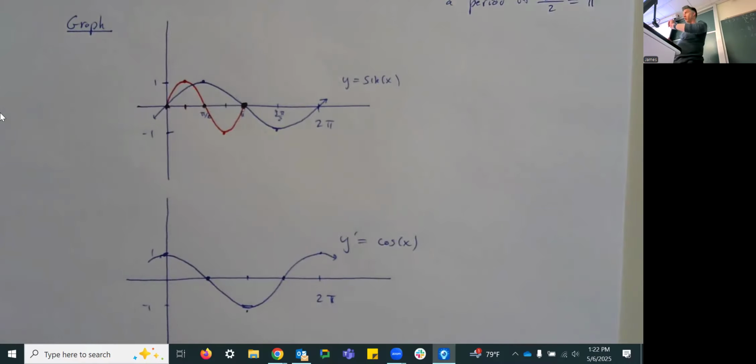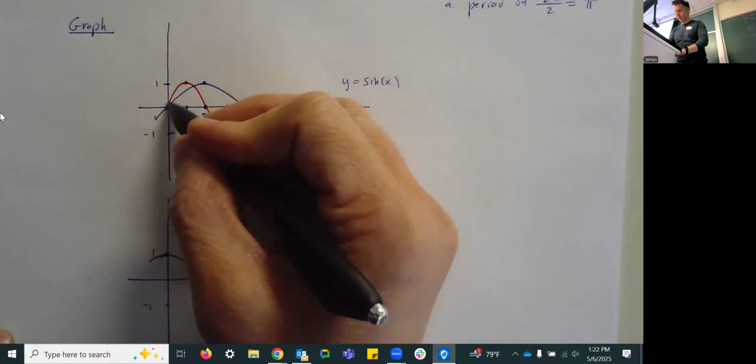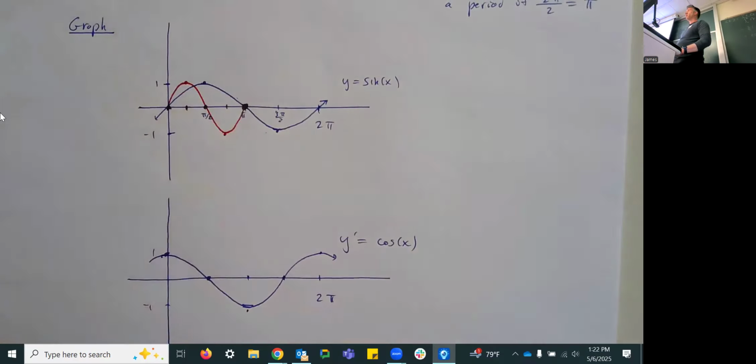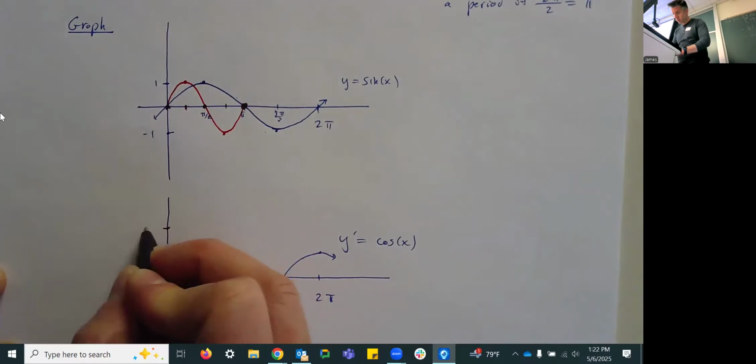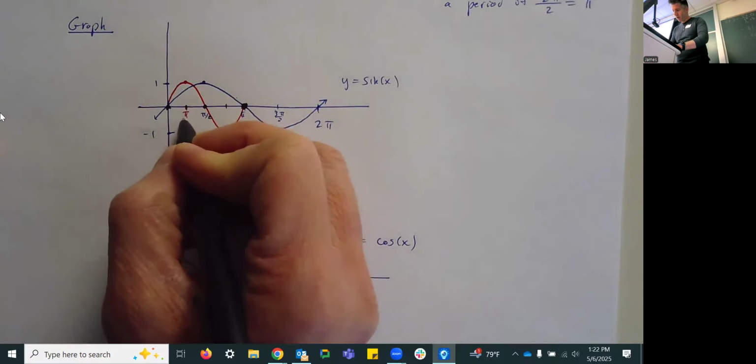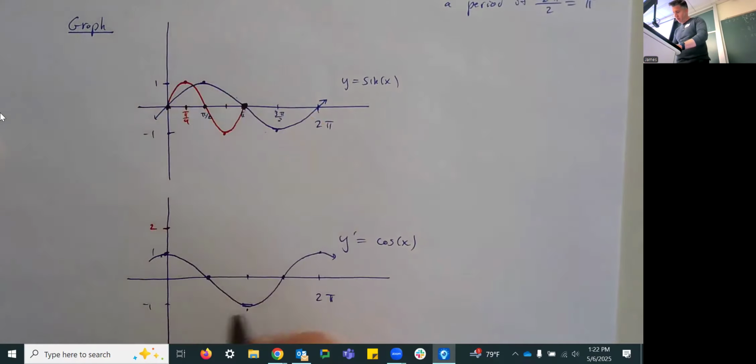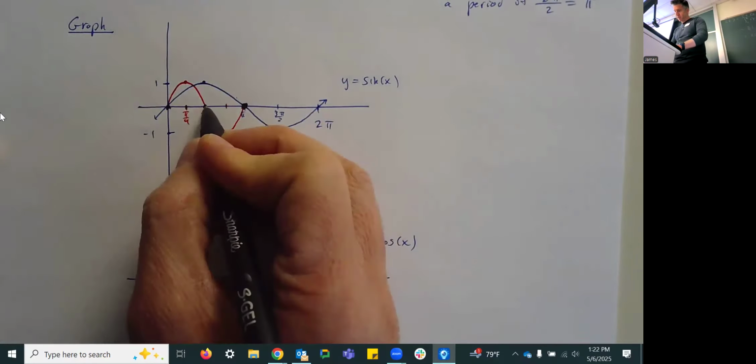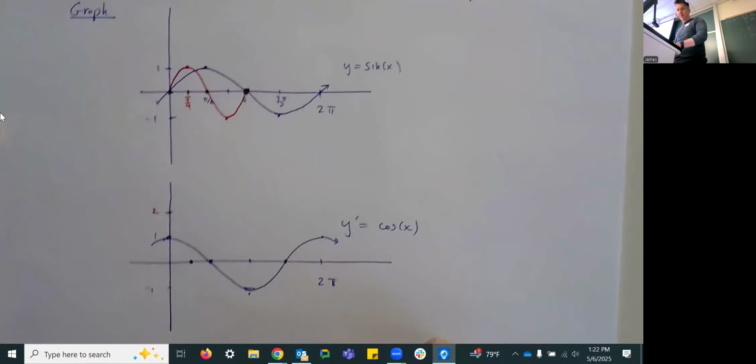And I will tell you the slope of the tangent line for this red curve right here is 2. And then at pi over 4, the slope of the tangent line is 0. And then at pi over 2, the slope of the tangent line is -2.